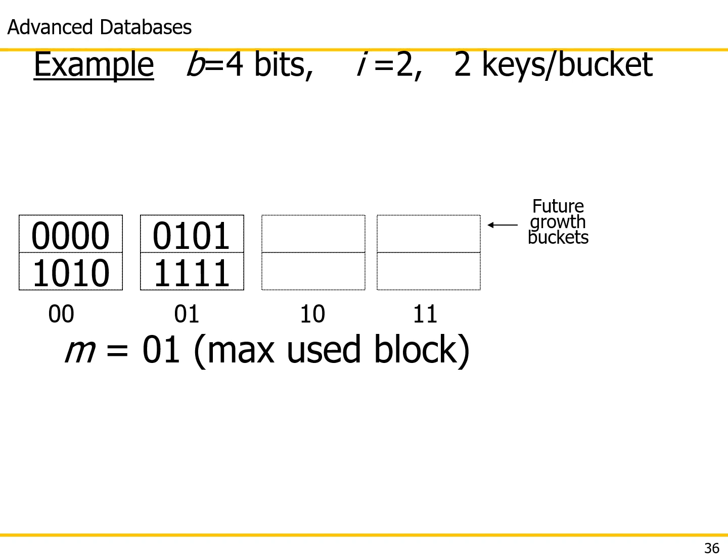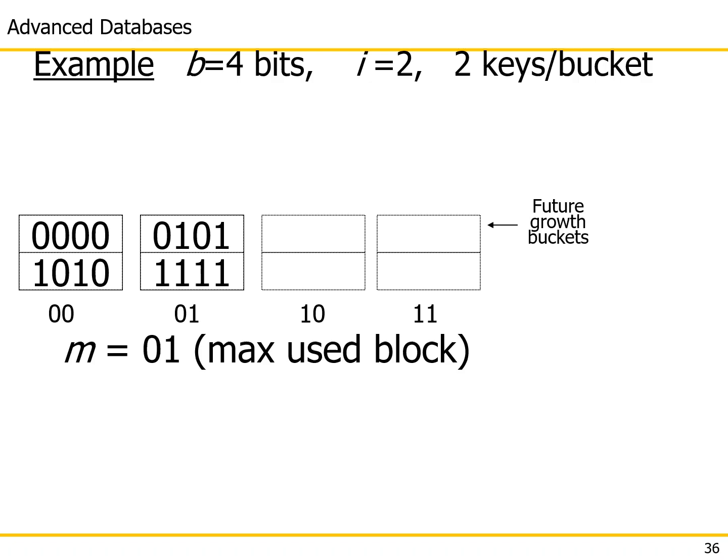I would just say I'm using 2 bits now since I is equal to 2. And again here I'm showing you a simple example with 2 keys per bucket as a maximum, just to show you what happens when it gets full. But in real life, this is going to be probably hundreds of keys in a single page. I'm also assuming here that the output of my hashing function is just 4 bits, which is again trivial. Usually it's 32 and now more often it's 64 bits.